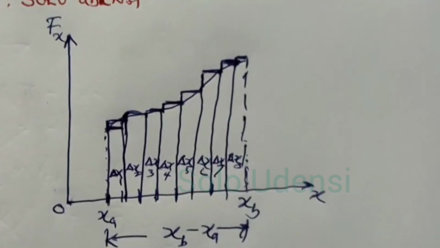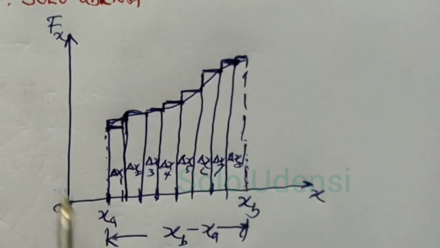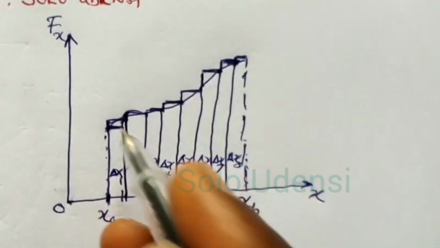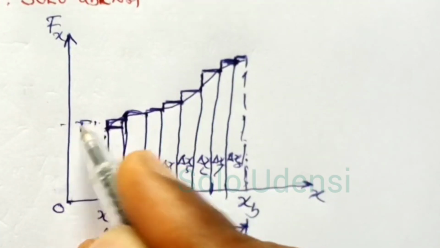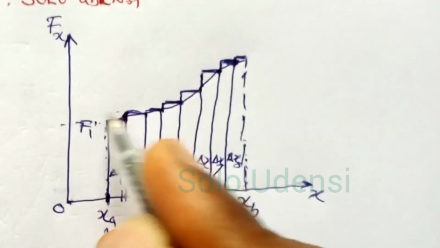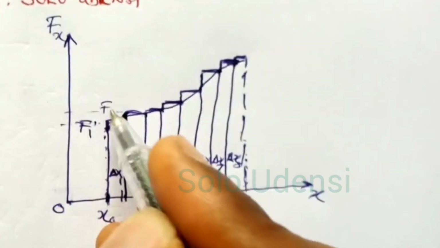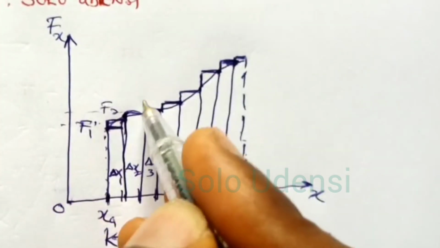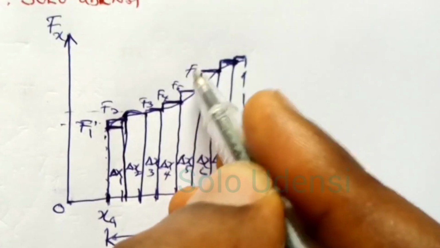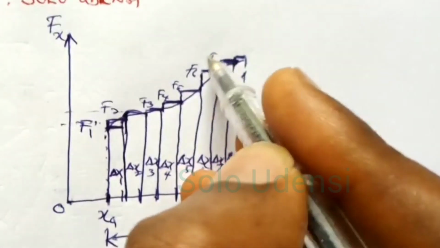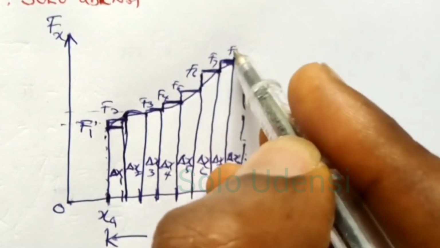So the work done by this force, on this axis, if you like, will have F1, if we extend it F2, and so forth, F3, F4, F5, F6, F7, F8.